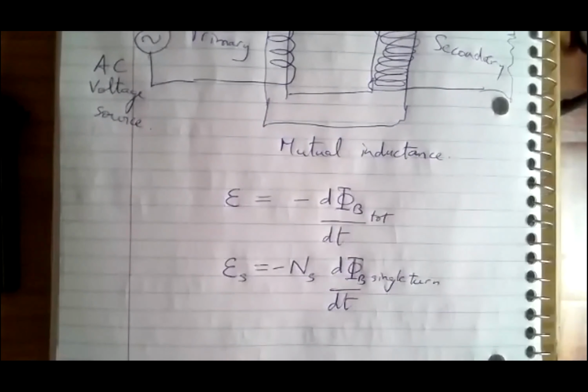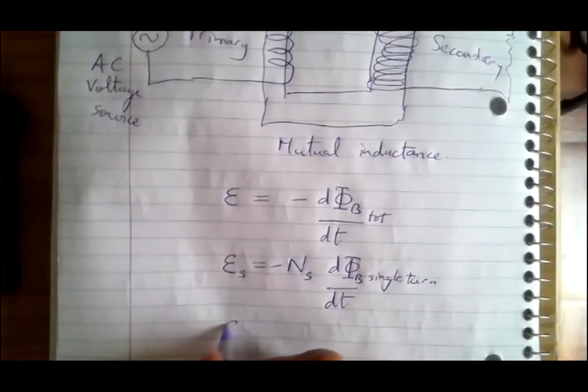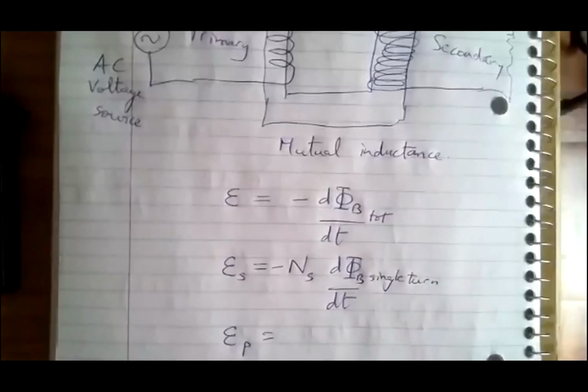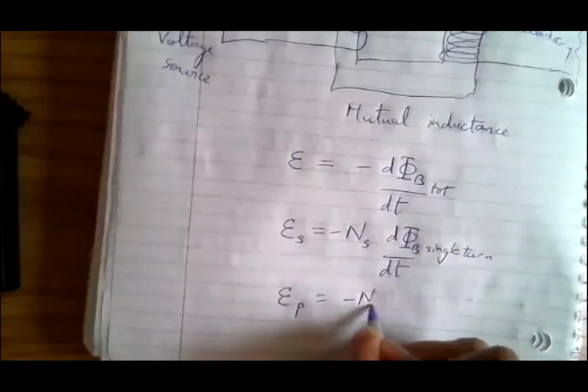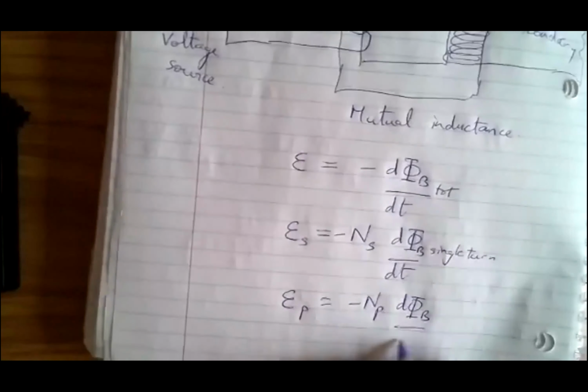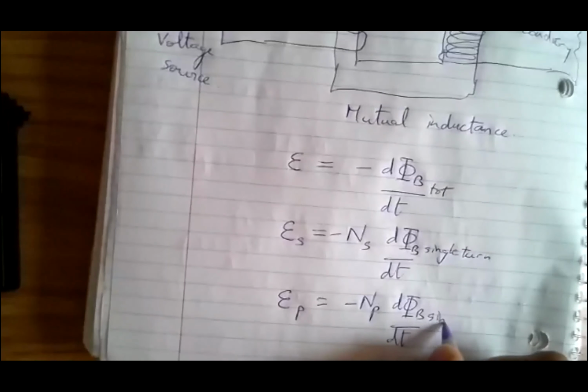And a similar relation should hold for the primary coil. So we would have E primary is equal to minus N primary d phi_B dt, where this is again the rate of change of flux through a single turn.